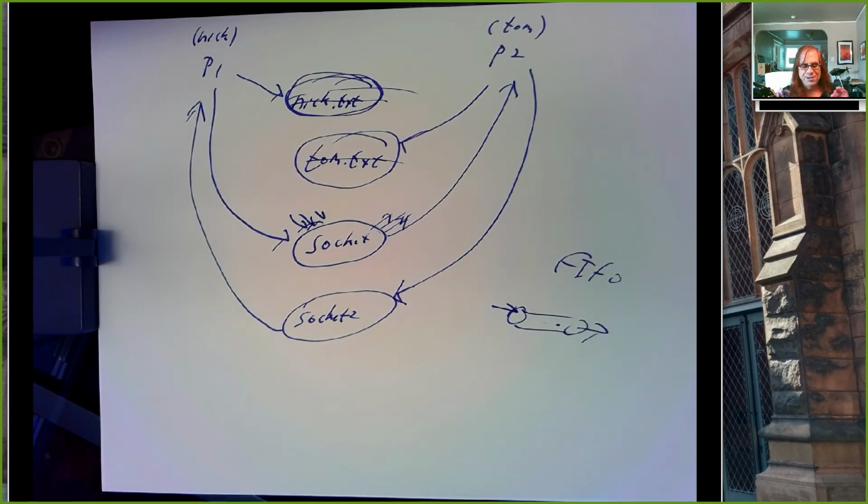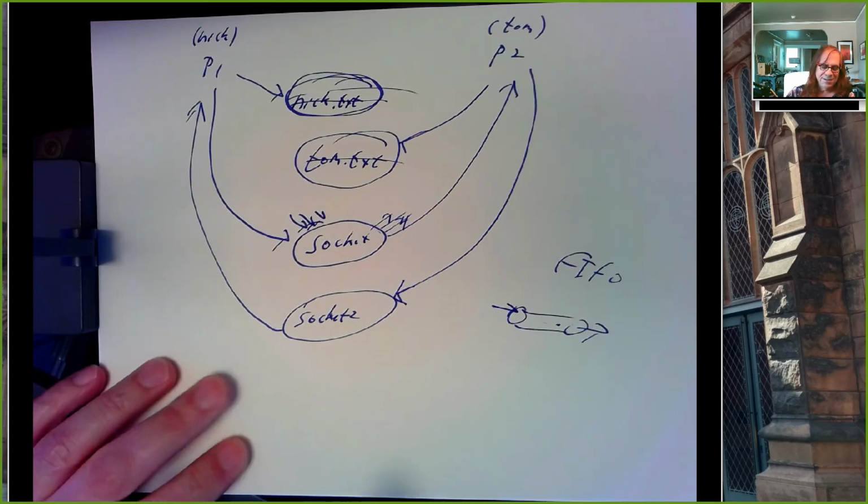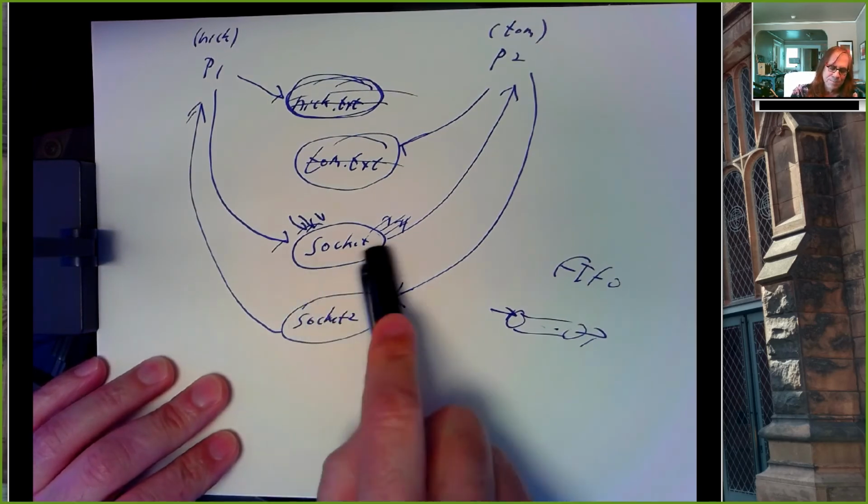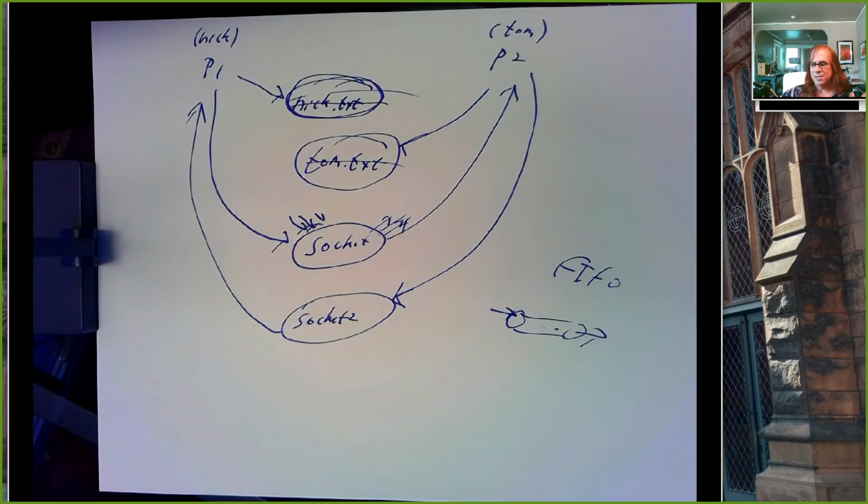The only difference between a pipe and a socket really is that a socket can connect two endpoints on different machines, whereas with a pipe we basically have two endpoints of processes running on the same machine.